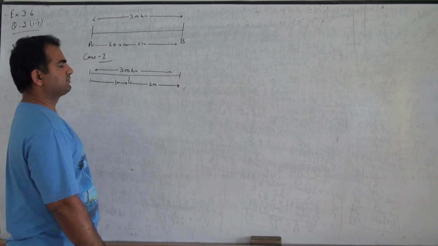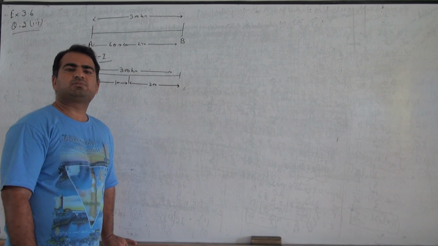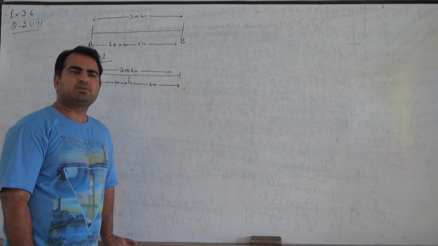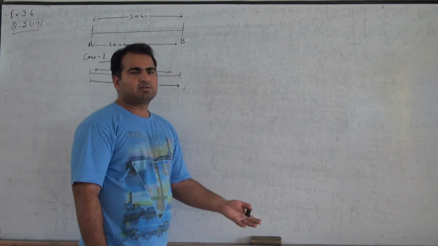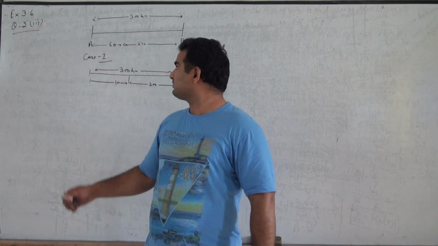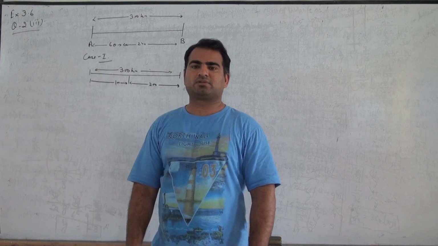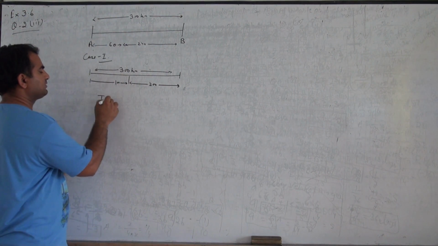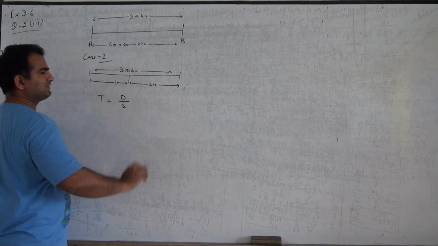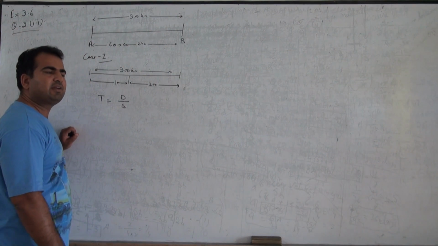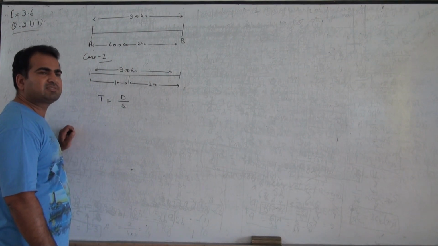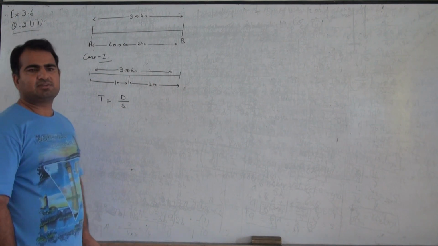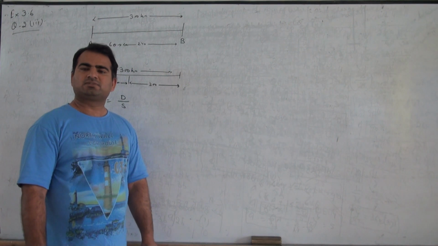So what will be the equation? As you all know, time is equal to distance upon speed. So the total time taken to cover 300 km in case number first, the equation will be T equals D upon S. We are given the total time, but the speed of train and bus is not given, and it was told that the speed of train and speed of bus is constant.